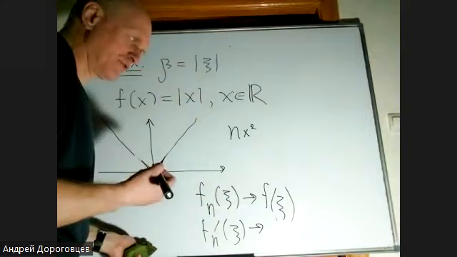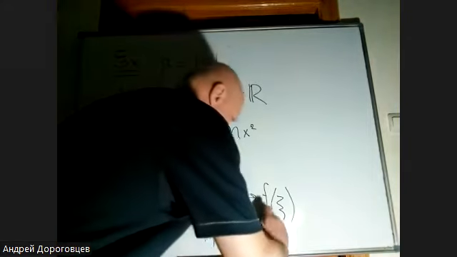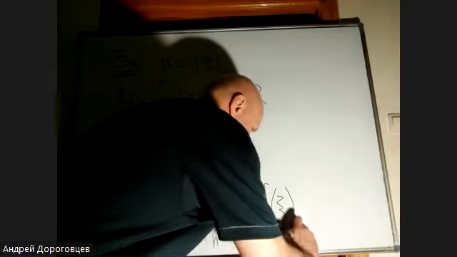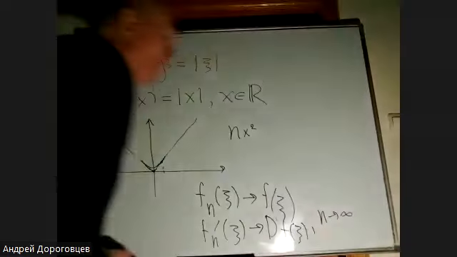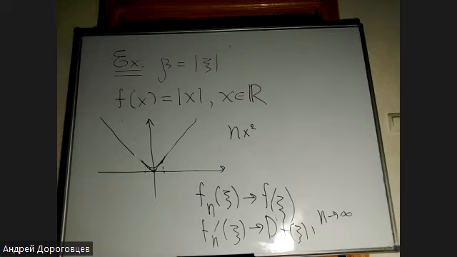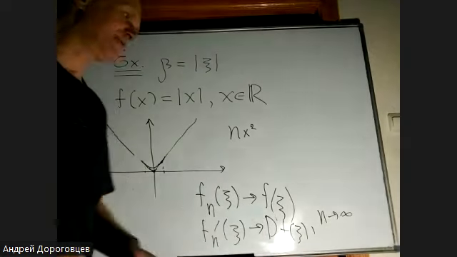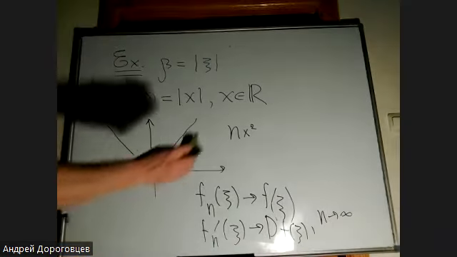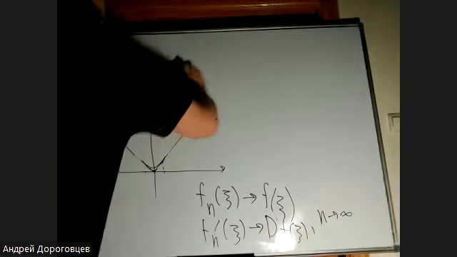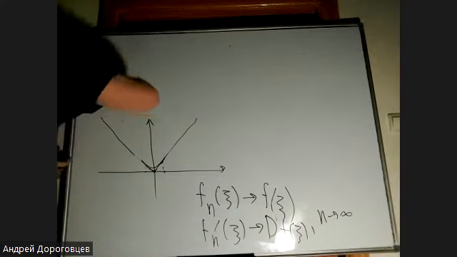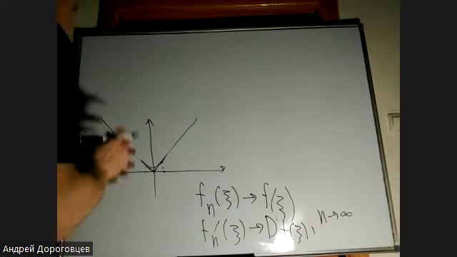But if it converges, then this must be stochastically differentiable. So we have this dx. And of course, this df can be identified.